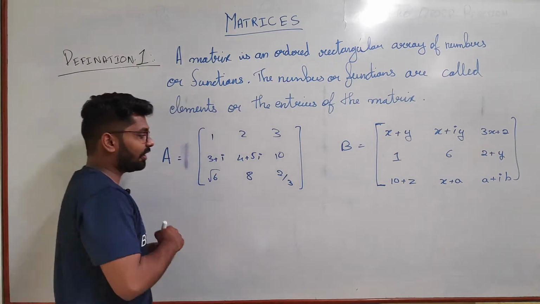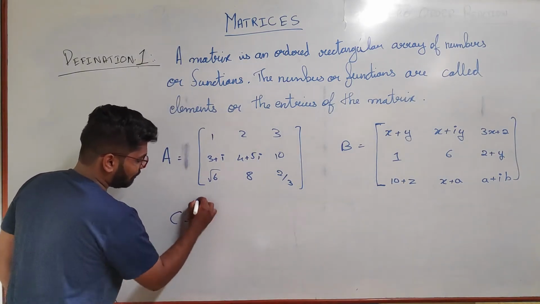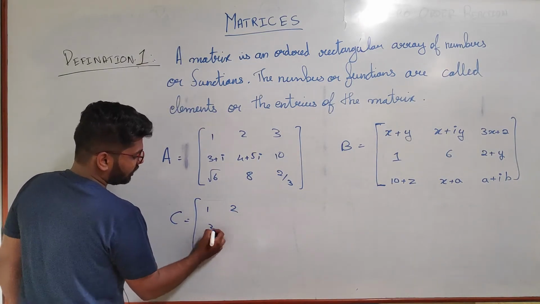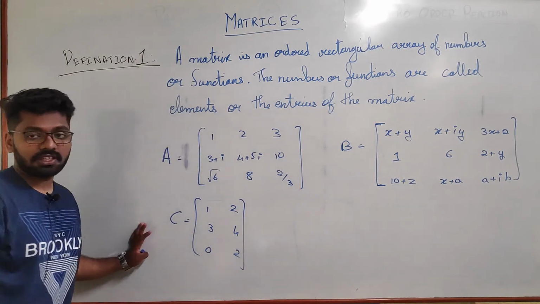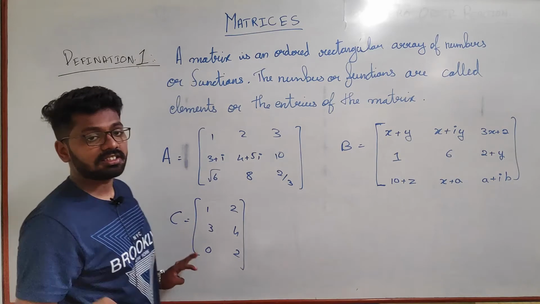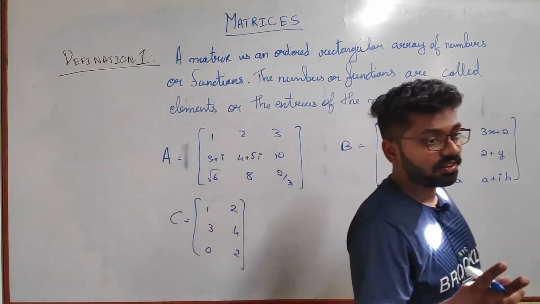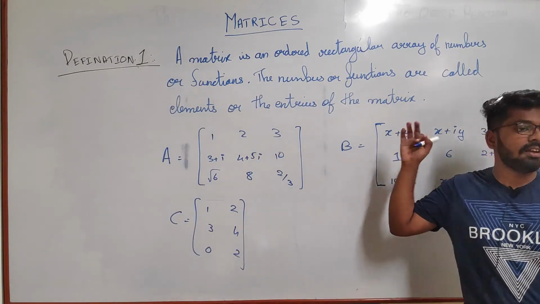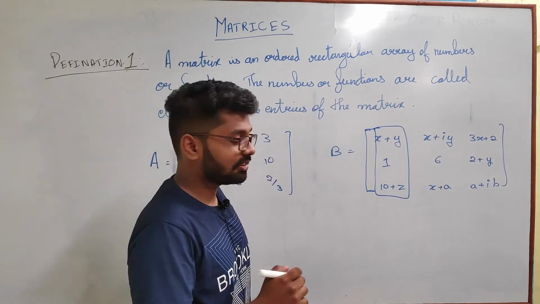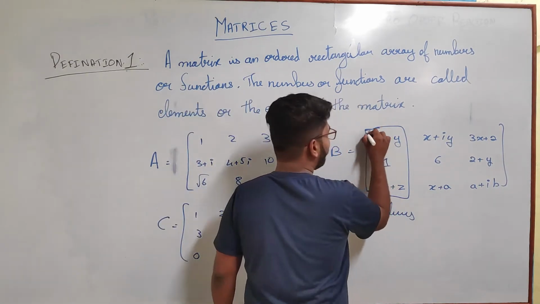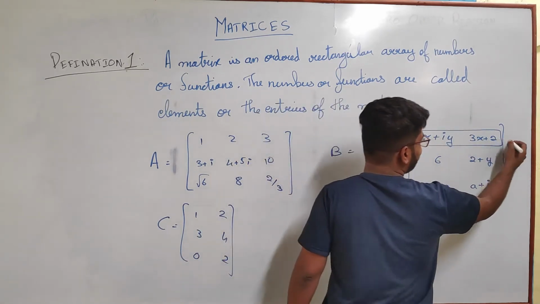You can also have an example of 1 2 3, 4 0 2. This rectangular arrangement of arrays or numbers is nothing but known as a matrix. The vertical lines in the representation of the matrix are known as columns, and the horizontal lines are known as rows.